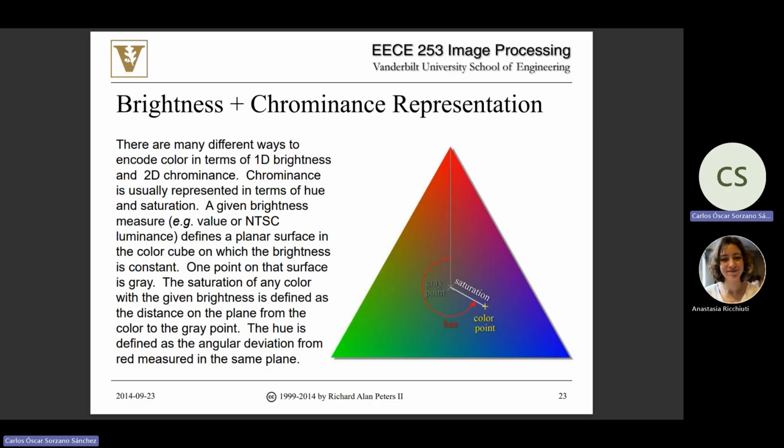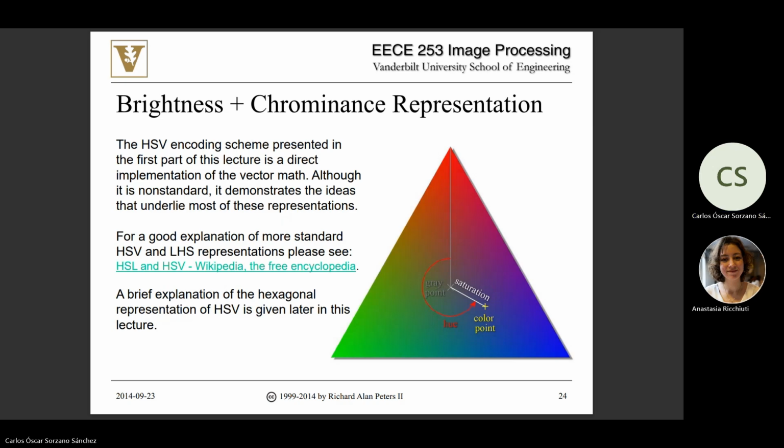So this different way will be based on this separation between brightness and chrominance. And somehow, yeah, all the information is here, but I think it will be nicer if we present it step by step. There are many kinds of separation of this brightness and chrominance, so this luminance and chrominance.